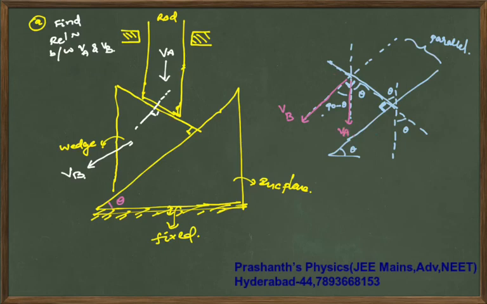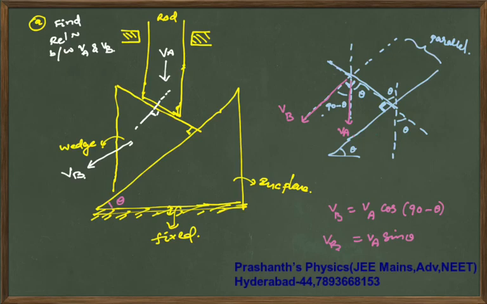So automatically the components along the normal should be equal. That implies VB is VA cos of 90 minus theta. Cos 90 minus theta is sin theta. So you will get VB equal to VA sin theta as your final answer. Like this, all the basic questions you are supposed to do using this common normal logic.